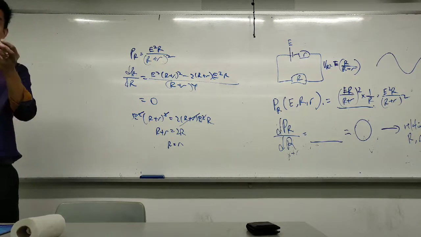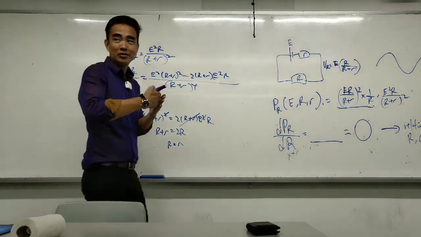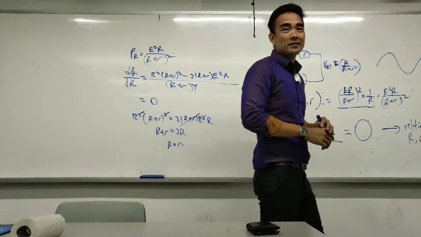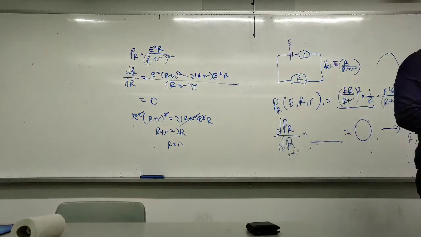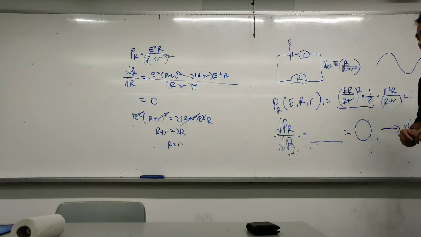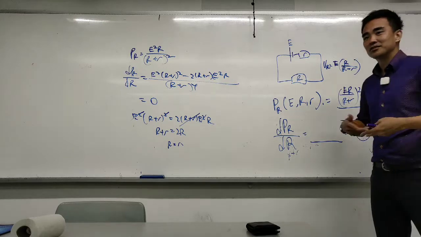So it is actually good to have a little bit of resistance, so that it's easier for people to match your source. It's called impedance matching. In loudspeakers, in any electrical system, this is a very important thing. Otherwise you may end up with a very powerful amplifier but just cannot transfer power.